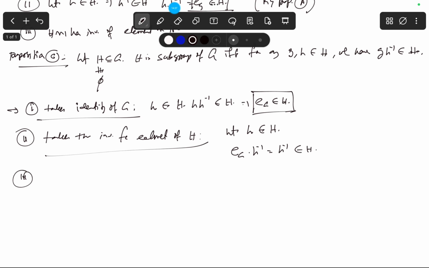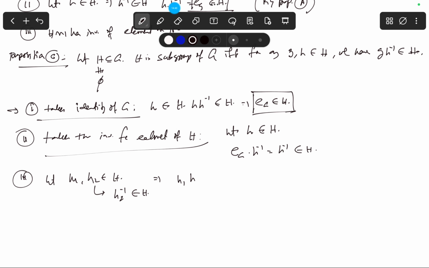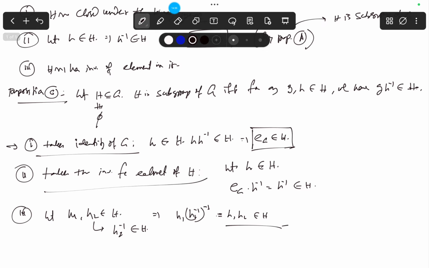And thirdly, let h1, h2 be in H. Now since h2 is in H, then we must have h2 inverse in H, right? So then we take h1 times h2 inverse and then again the inverse of h2 inverse. Now it is basically h1 times h2, that should be there in capital H. Okay, so the first property, the presence of the identity element of G, is being satisfied.